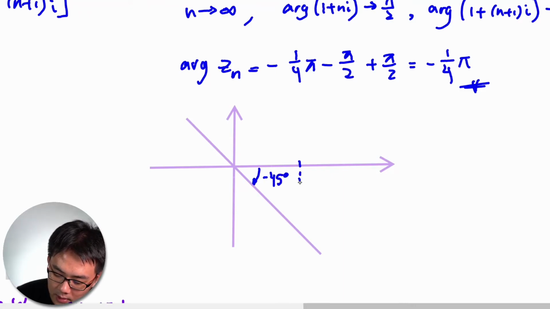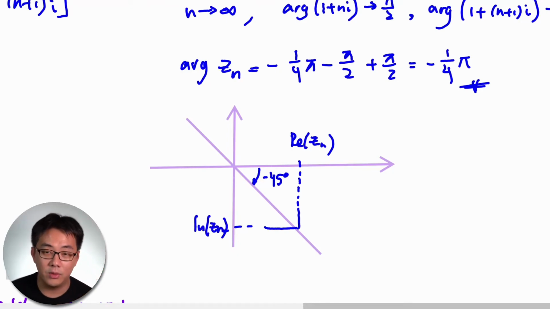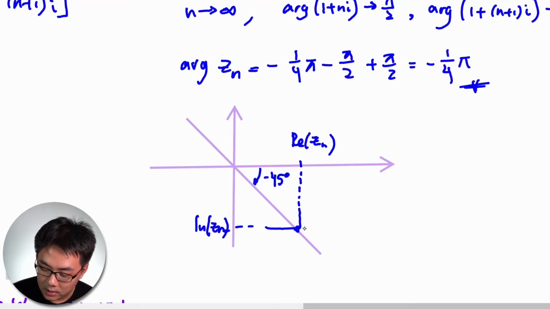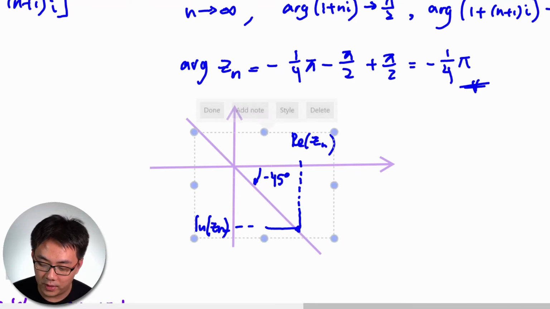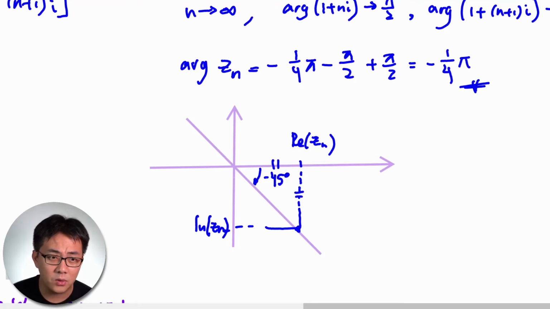So this over here will be the real part of Zn, and this is the imaginary part of Zn. This line just gives a value. For example, if this is 45 degrees, it's like an isosceles triangle. If this is 2, this will be minus 2. Because it's 45 degrees, it's actually the line y equals minus x.